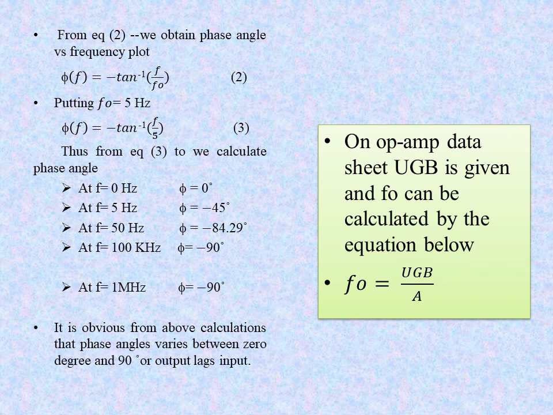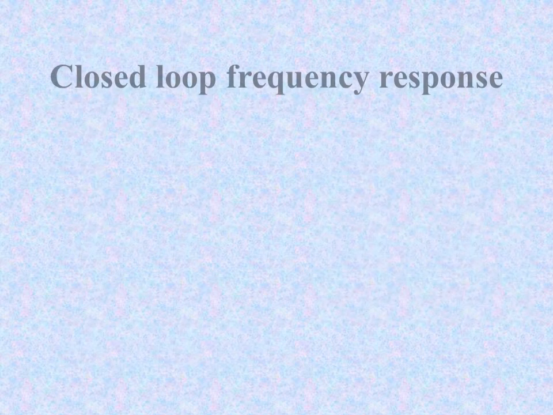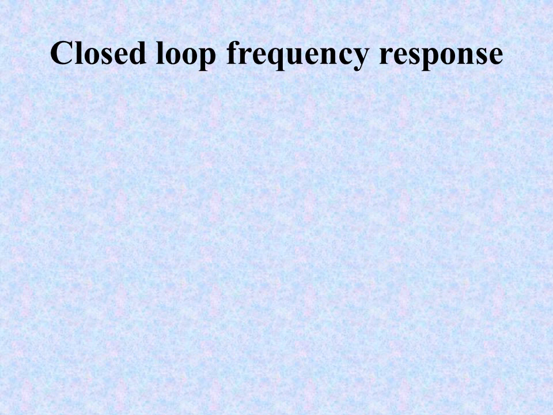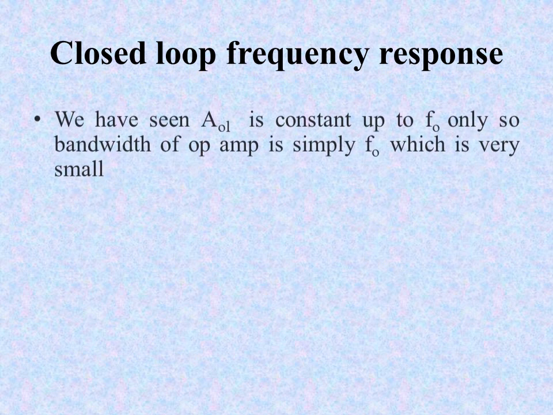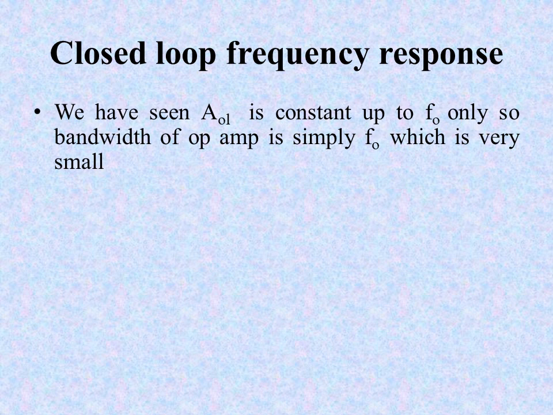Now up till now we have discussed the operational amplifier that is not using any feedback. So what happens when feedback is applied? Now we'll discuss closed loop frequency response. In case of the operational amplifier, we have seen that open loop gain is constant up to only F0.